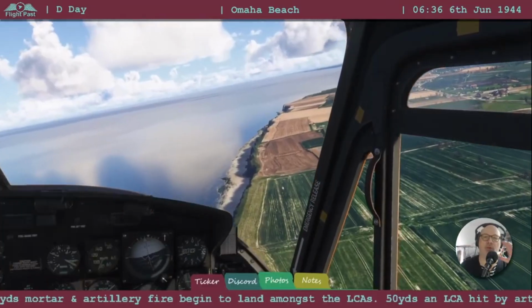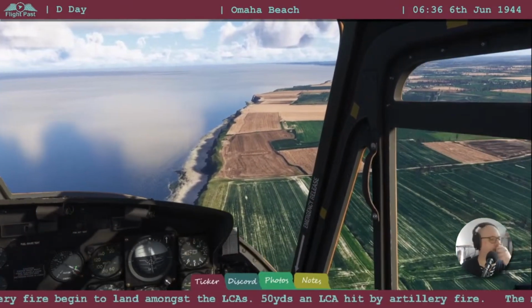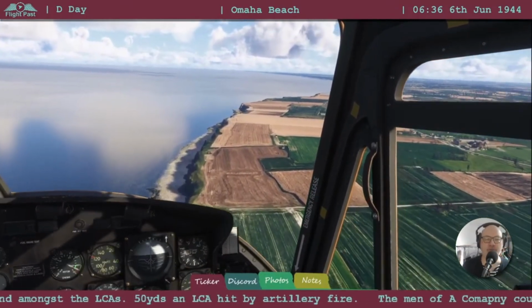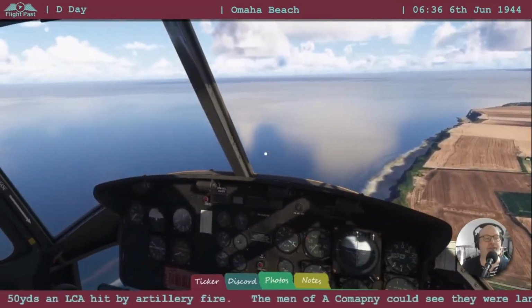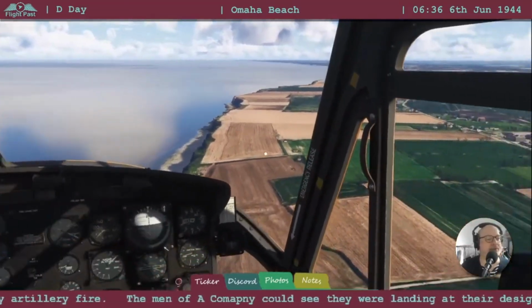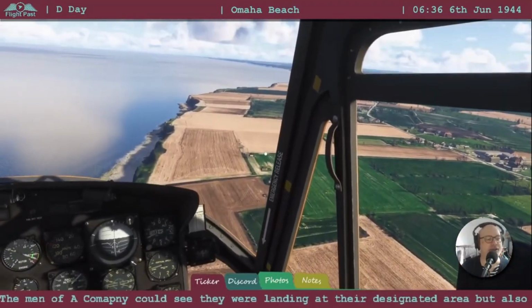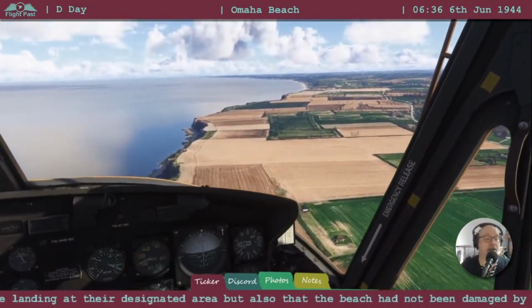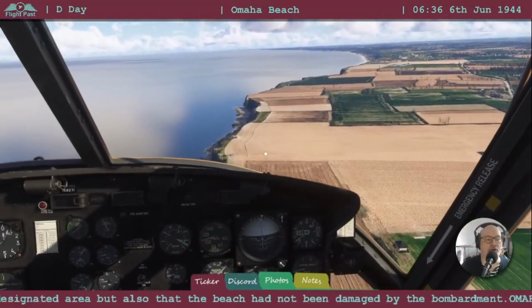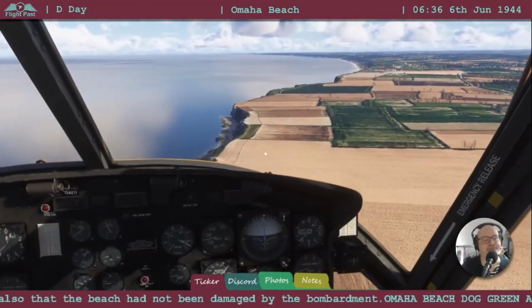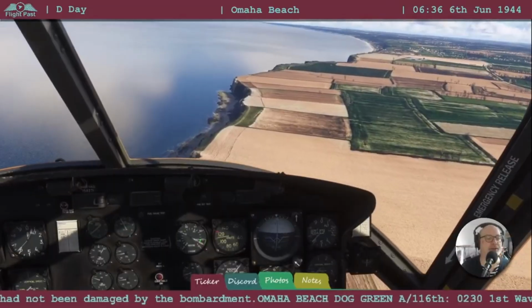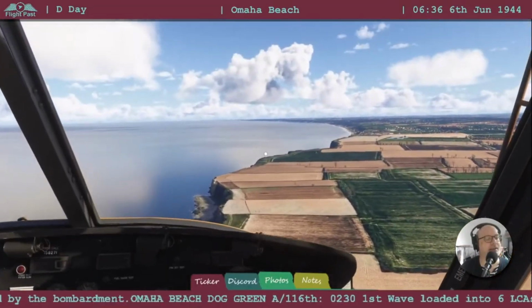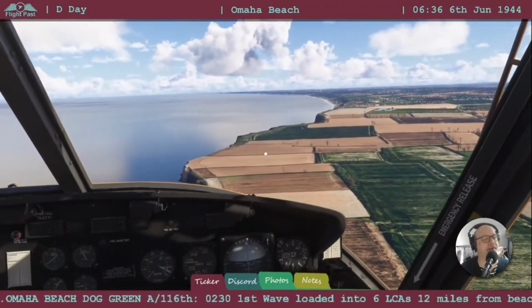So what I thought would be quite cool is we could read that almost word for word to get a feel for what happened on that day. It's the closest we can get to an actual primary source. It was written probably 2 to 3 days after D-Day.